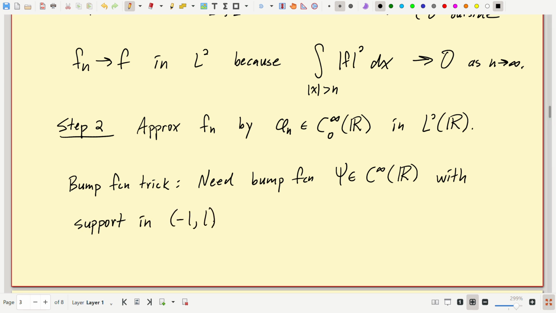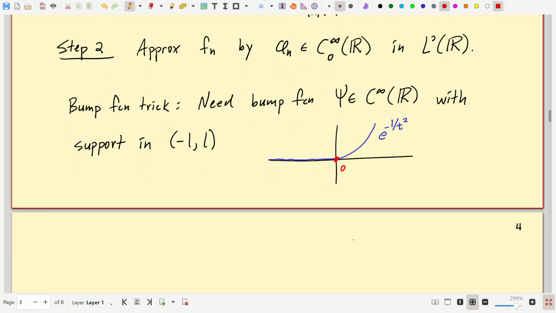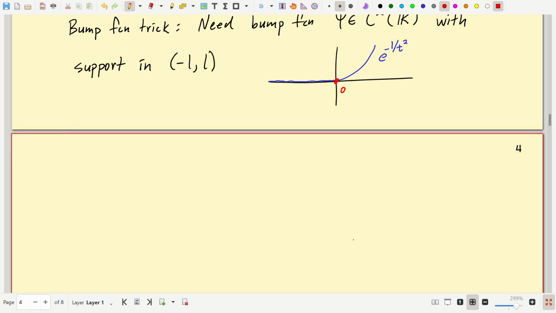You remember how I did that? I played around with a function that was 0 here, and on this side it was e to the minus 1 over t squared. Of course I made it 0 at 0, and those hook up and are infinitely differentiable. And then I translated and reflected it, and made a compactly supported bump function.